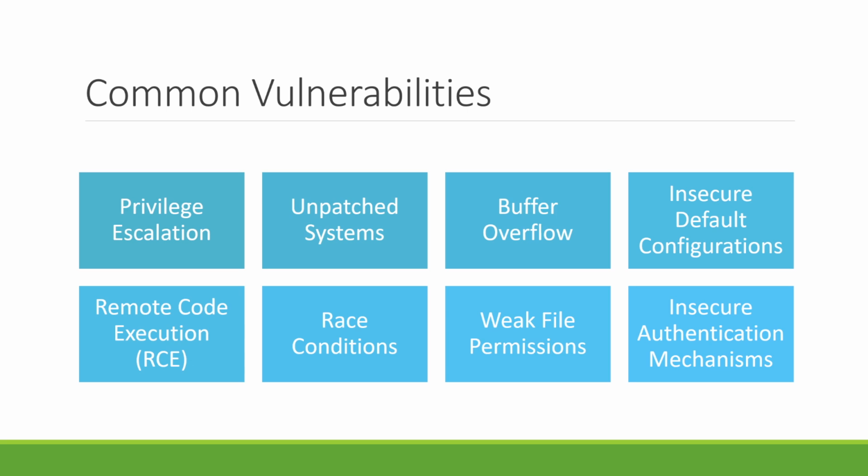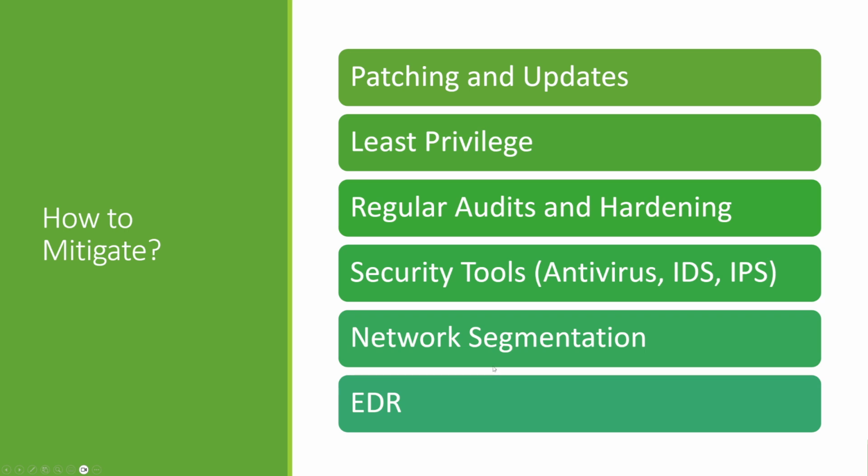And then we have weak file permissions, like maybe we are a little lazy on our file permissions. We allow all users to access certain types of files, maybe even system files. Attackers can exploit this for their own gain. And then lastly, we could have insecure authentication mechanisms, like outdated authentication, or not even using MFA, for instance, so that they can use captured credentials and access the system directly.